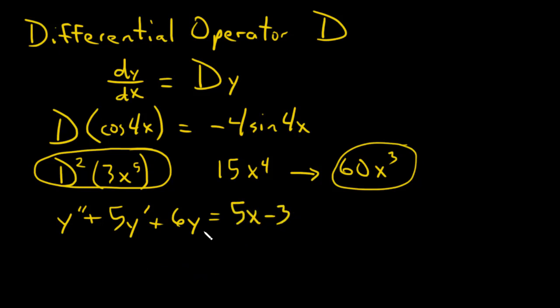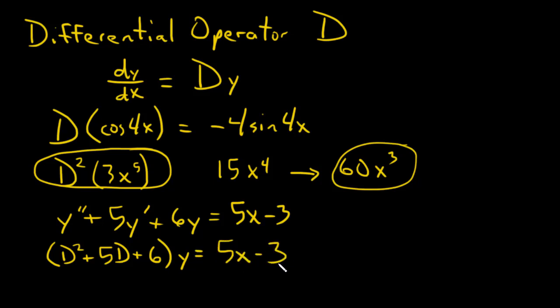I can now rewrite this as, here we go, you're going to love this, D squared plus 5D plus 6 times y equals 5x minus 3.